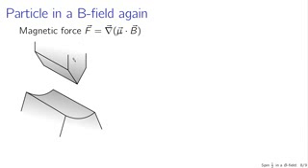Suppose I have a magnet, and I'll draw it with, say, a north pole up here and a south pole down here. The reason the pole pieces are shaped the way they are under these circumstances when you're doing an experiment like this is you want to make a magnetic field that is non-uniform. When you have such a non-uniform magnetic field, you know you will be getting a magnetic force.